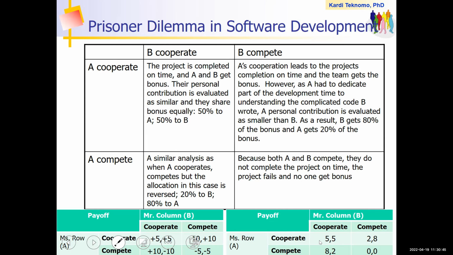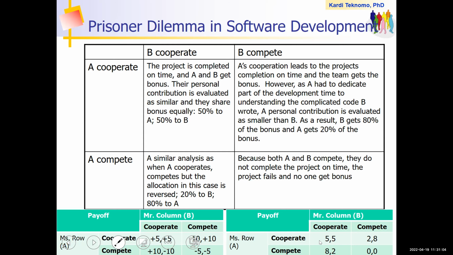Say B competes by making the code complicated, and A is cooperating. As a result, B will get 80% of the bonus, while A will get 20%, because the amount of code that A creates is actually smaller.